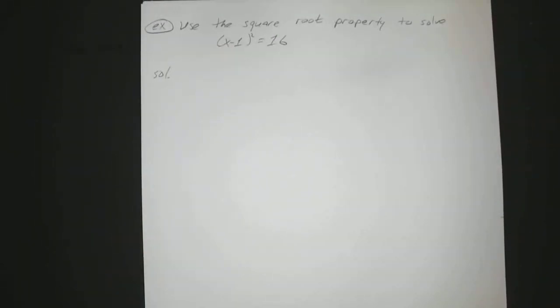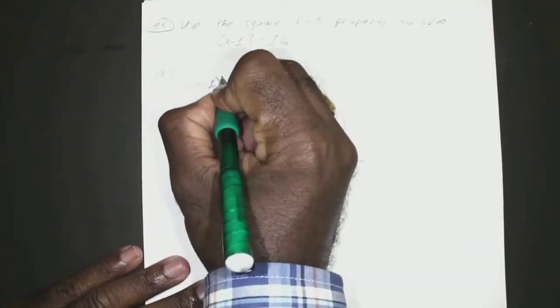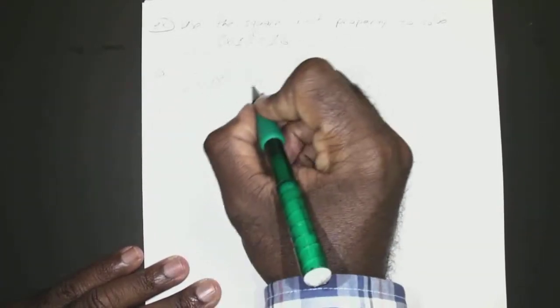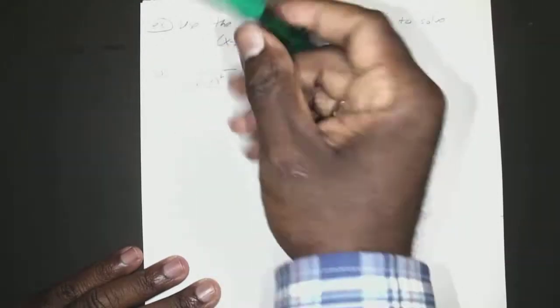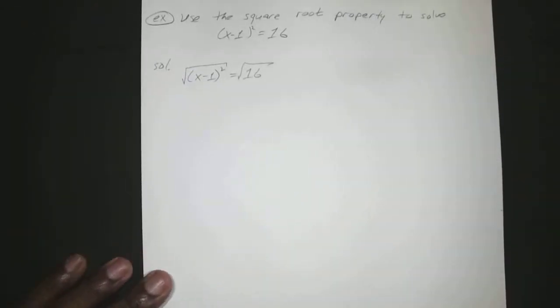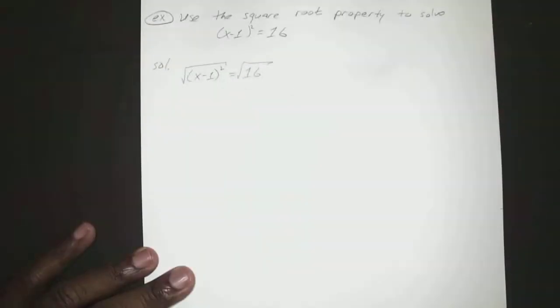Once again, you just square root both sides. Your square and your square root are going to cancel each other out.